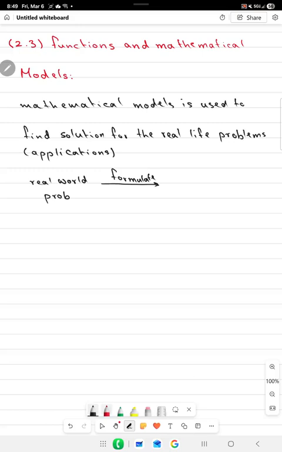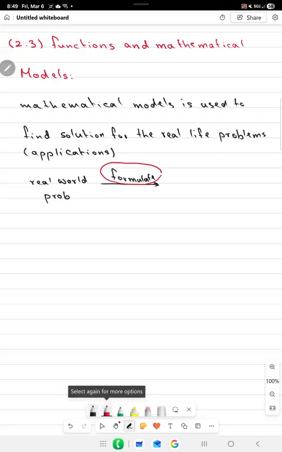Here you go, when I'm writing, we formulate. This part is the topic of study of this section: how to change words into maybe a function or an equation. In general, we call them a formula for it to solve it, right?